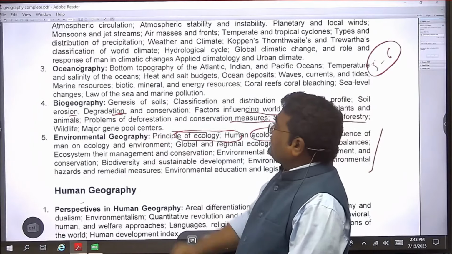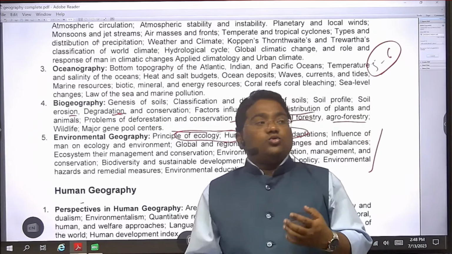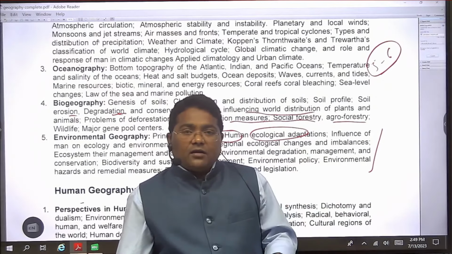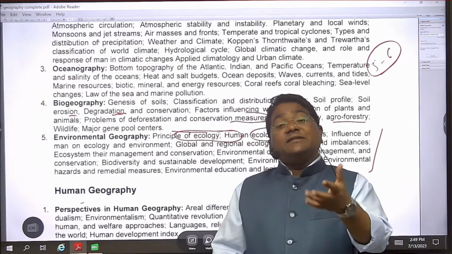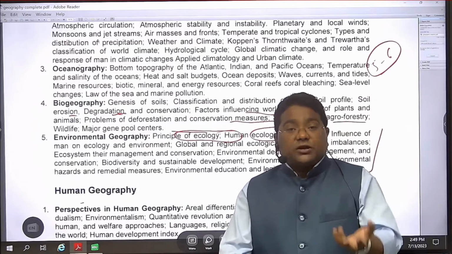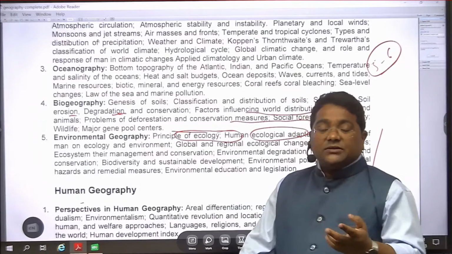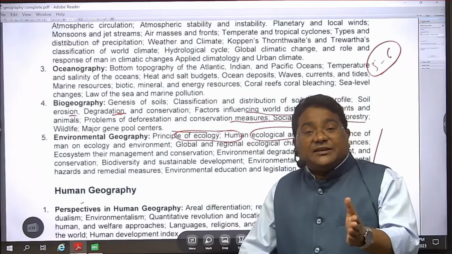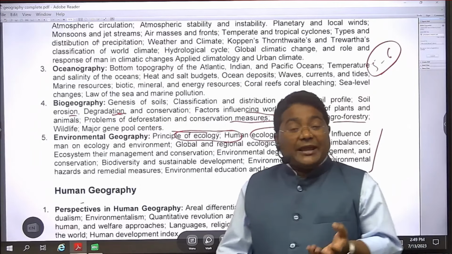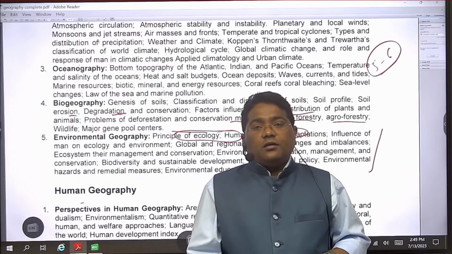Then biogeography, soil formation, genesis of soil, how soil is being formed, the parent rock, what is parent rock, and what are the factors influencing the soils, and classification of the soils, distribution of soils, why soil is being leached, what are the causes for desertification, what is soil erosion, and how many types of soils are present in the country, right?